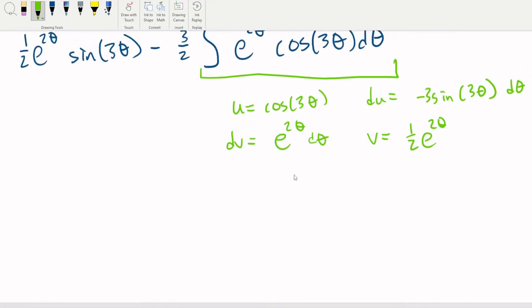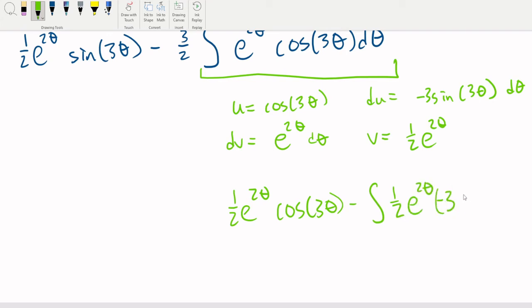So this would be uv, right? So that's our u, minus the integral of v du. And then we've got our negative 3 sine 3 theta.